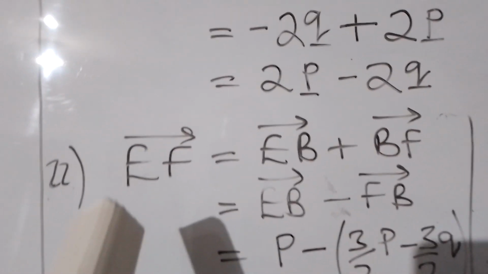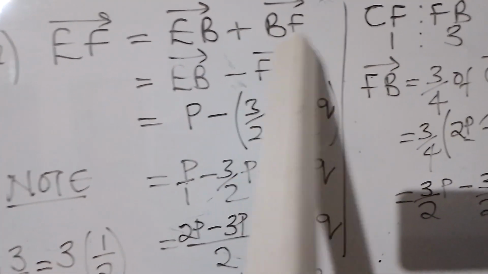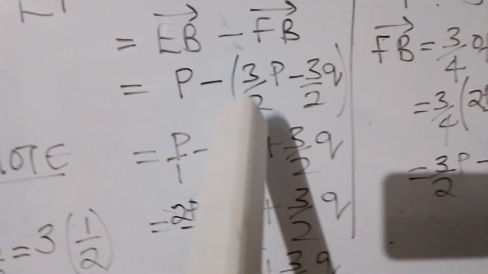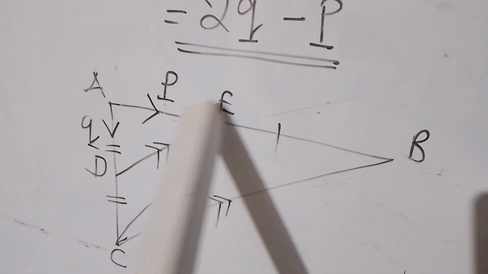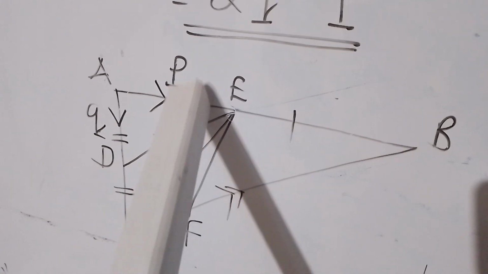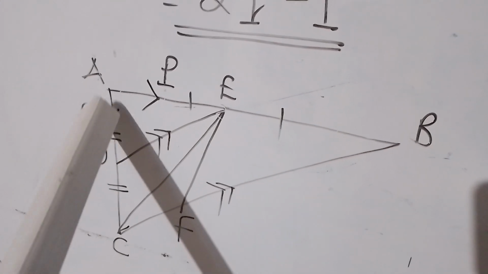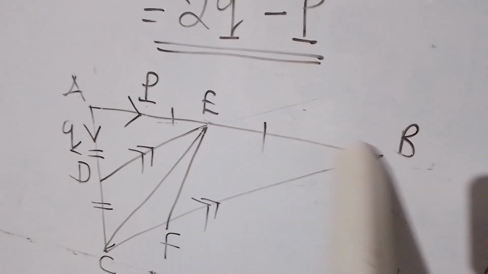Now we go back to EF because that's what you are finding. EF is EB plus BF. What is our EB? We get back to our diagram. AE is P, and these symbols imply that the length from A to E and the length from E to B is the same.